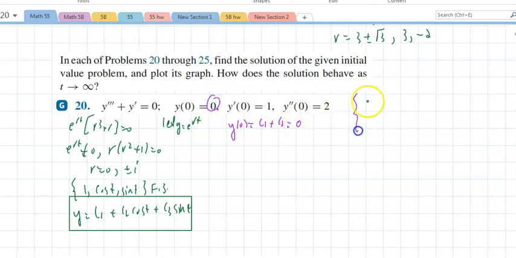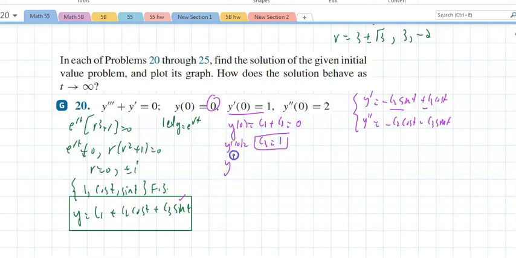I need a derivative and a second derivative. The derivative of this will be negative c2 sine of t plus c3 cosine of t, and y double prime will be negative c2 cosine of t minus c3 sine of t. And if I take y prime of 0, that would be c3, and that's a 1.